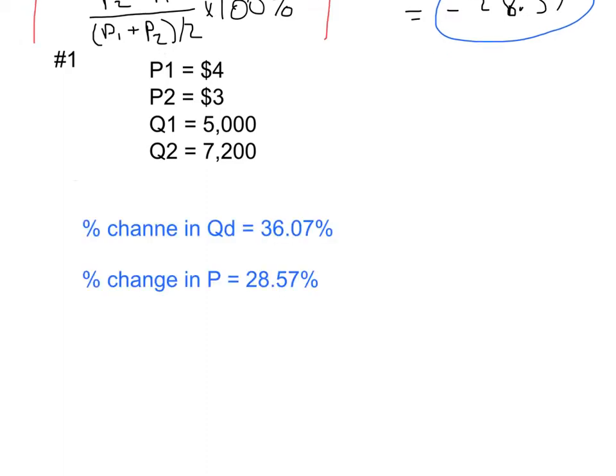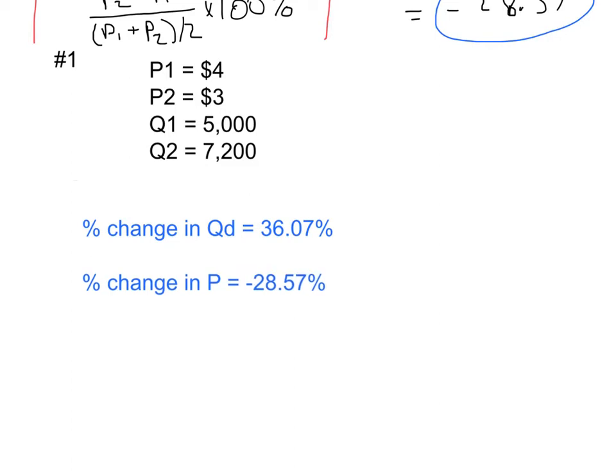Okay, so the percent change in quantity demanded that I had is obviously not correct. It should be 36.07%, and the percent change in price, I actually have that incorrect.